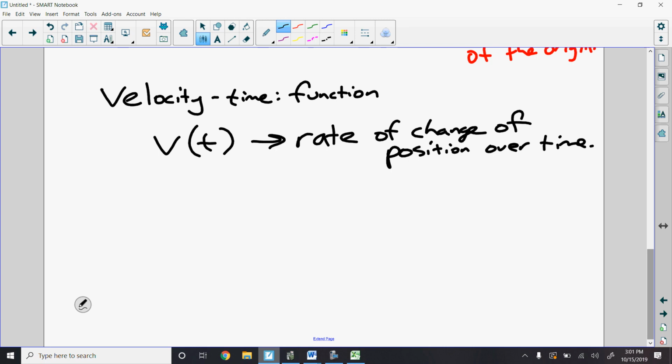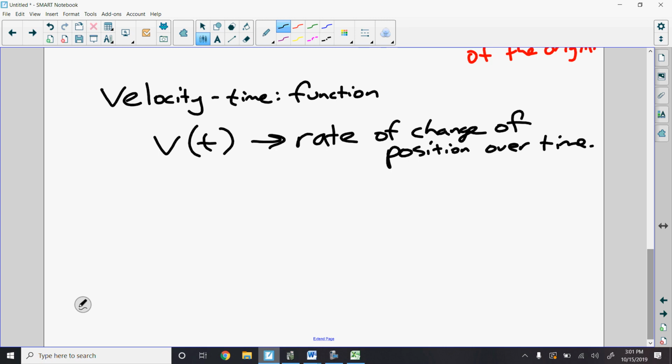Now, a lot of people use velocity and speed interchangeably, but in AP Calculus, there's a big difference between velocity and speed. And it's that velocity has a speed and a direction. So we'll talk about that in a second. Units: since it's the rate of change of position over time, our units will be a position, so a distance divided by a time.